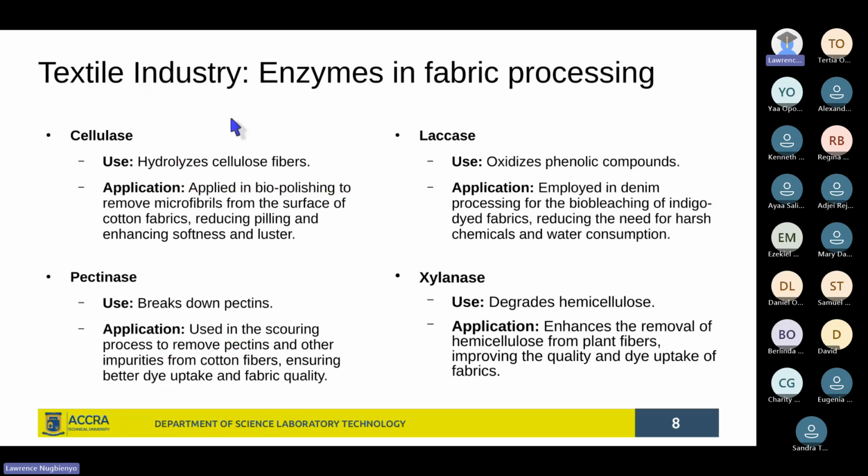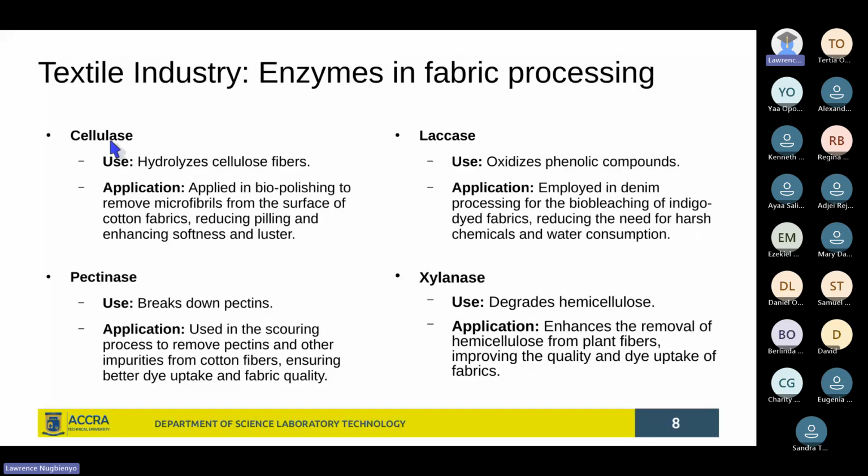So in the textile industry, there too, you're making use of things like cotton, a carbohydrate, so you have things like cellulose, and so you need some cellulase that can be applied in what is referred to as polishing.